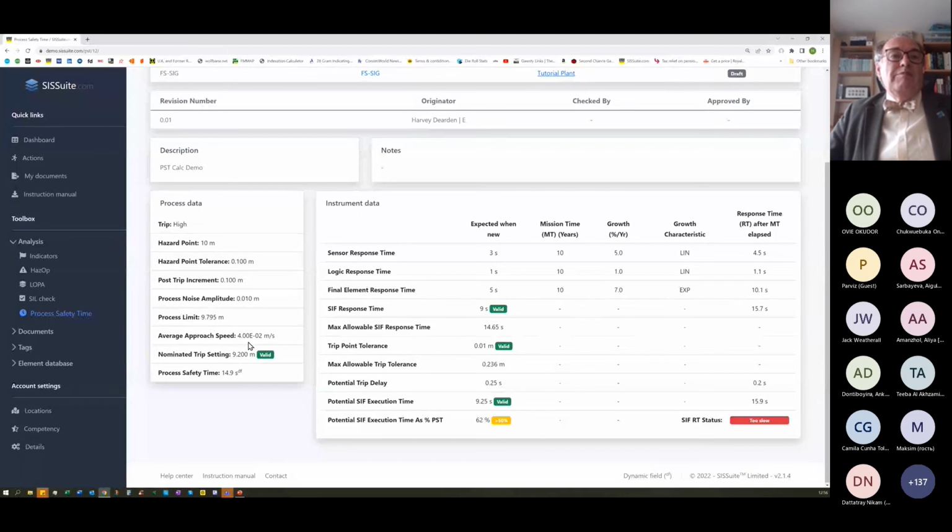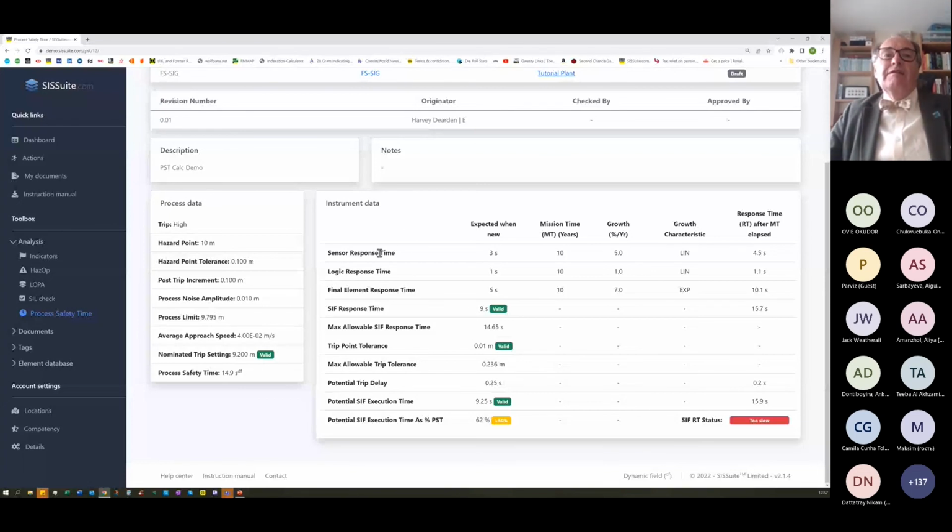We've specified an approach speed here, and we've nominated the trip setting at 9.2 meters. From that, we calculate the process safety time of 14.9 seconds. Okay, that's the process specification. Then on the right here, we have the corresponding SIF instrument data.